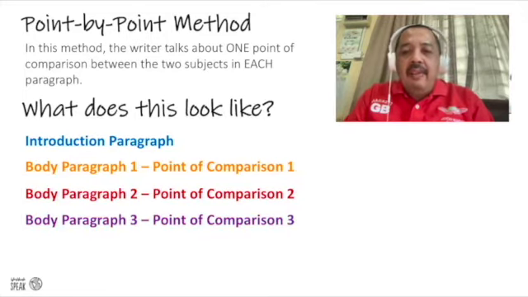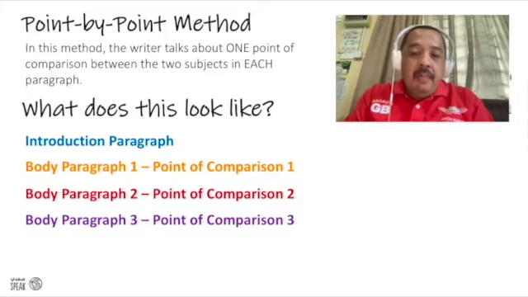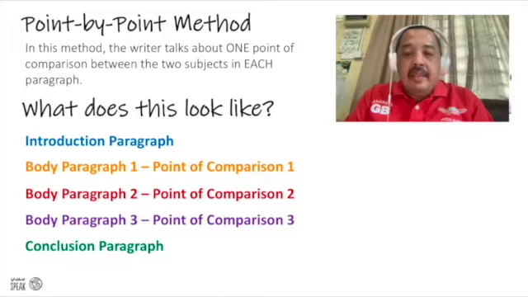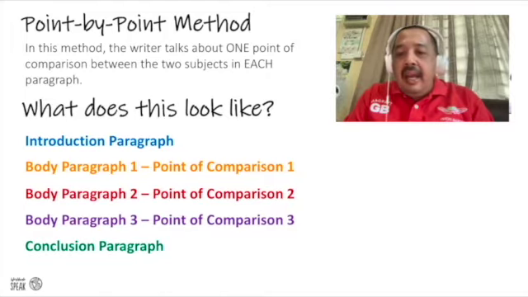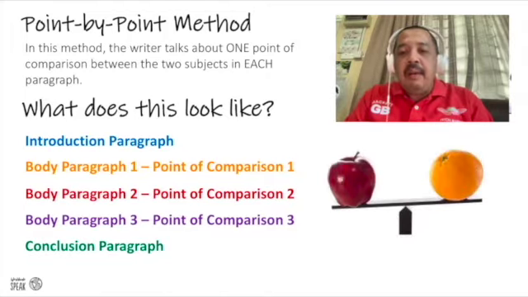You have another body paragraph with another point of comparison, another body paragraph with another point of comparison, and lastly you have your conclusion paragraph. You are going to be comparing oranges and apples. You are going to find 3 points of comparison, and you are going to focus on each point in each body paragraph. You are going to mention the orange and the apple in each body paragraph.